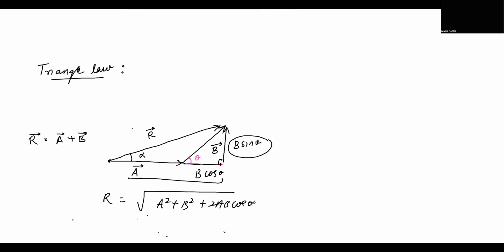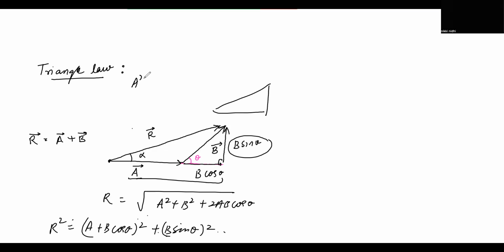Okay. So if you see this triangle, this is a right angle triangle, right? Yeah, I understood the Pythagoras theorem after that. So I can write (A plus B cos theta) squared plus (B sin theta) squared should be equal to R squared. See this? Correct. If I square this, you get A squared plus B squared cos squared theta plus 2AB cos theta, right?